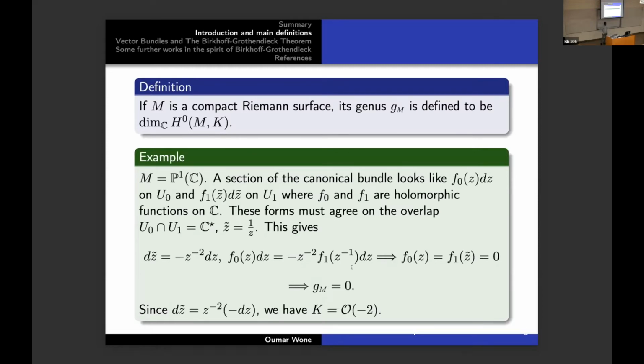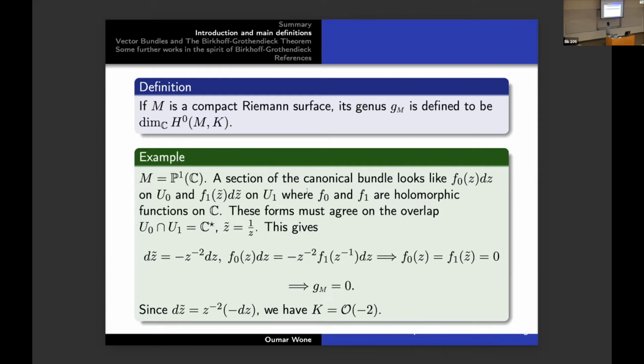By definition, the genus of a compact Riemann surface is the dimension of the space of sections of the canonical line bundle over M. Let us see what happens for M equals P1 of C. A section of the canonical line bundle looks like F0(z) dz on U0 and F1(z tilde) dz tilde on U1, where F0 and F1 are holomorphic functions on C.